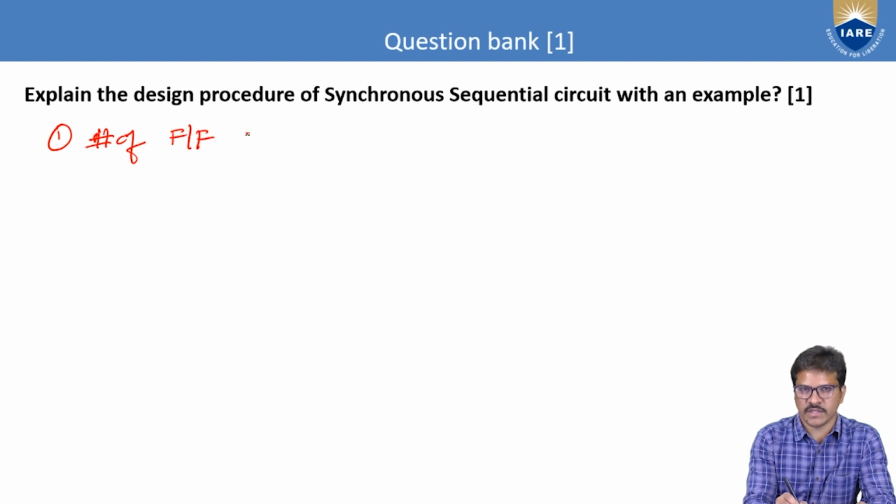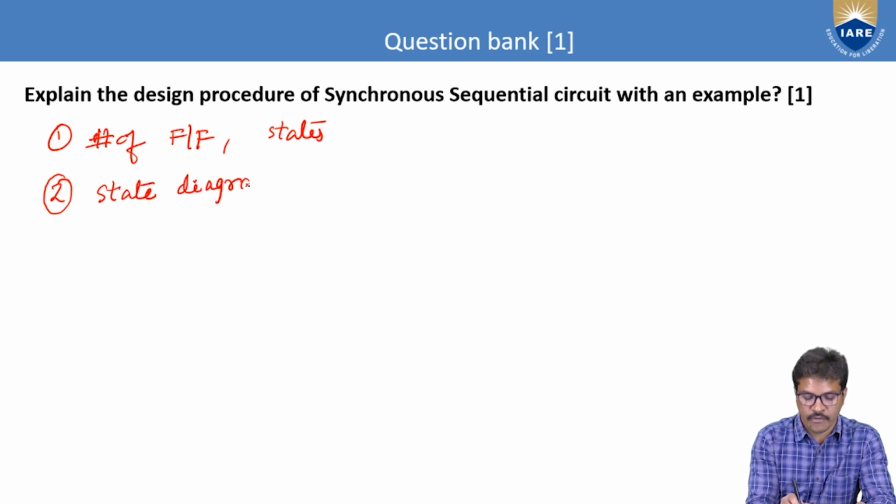Find out the number of flip-flops and the states. Once you know the number of states and flip-flops, we can create a state diagram. From that state diagram, we can make a state table.